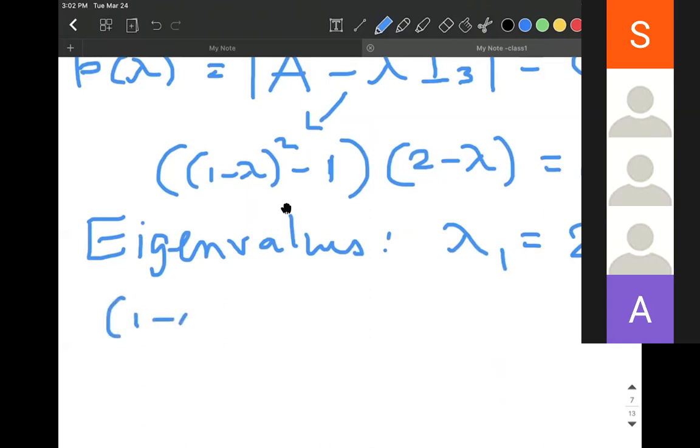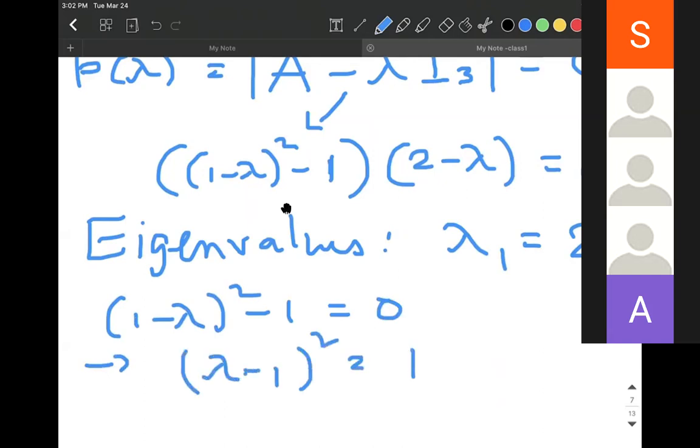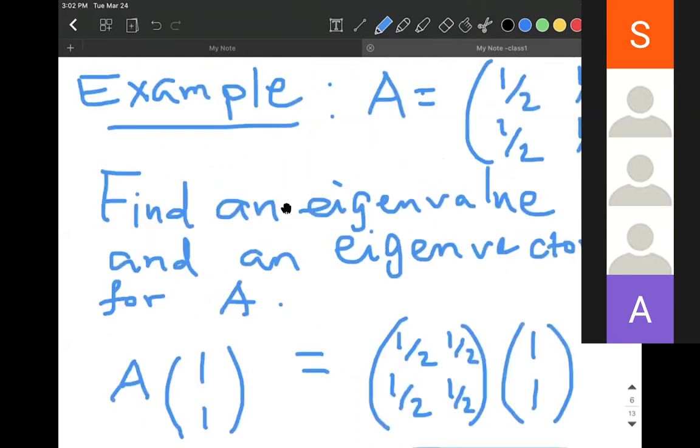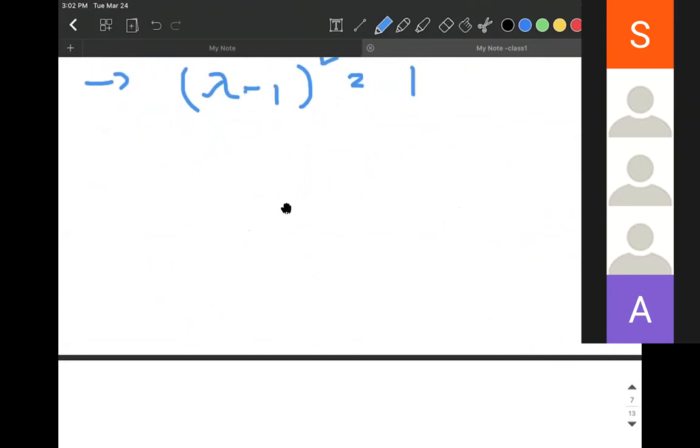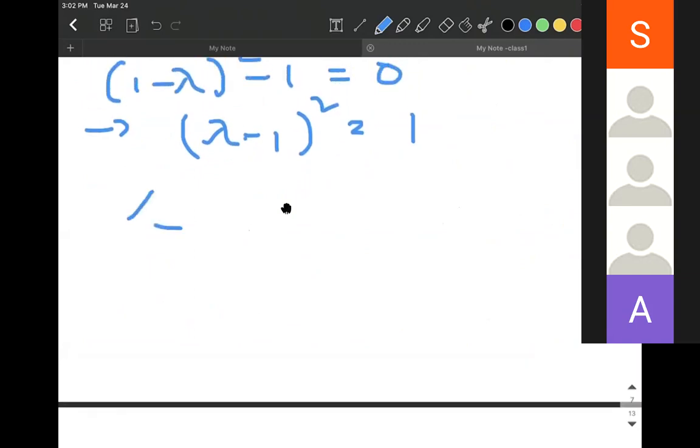And then 1 minus lambda square minus 1 equals 0 means, well, lambda minus 1 square equals 1, which means lambda 2 equals 2 and lambda 3 equals 0.